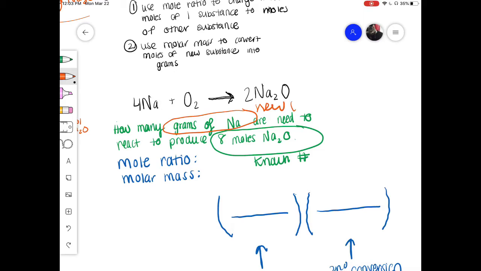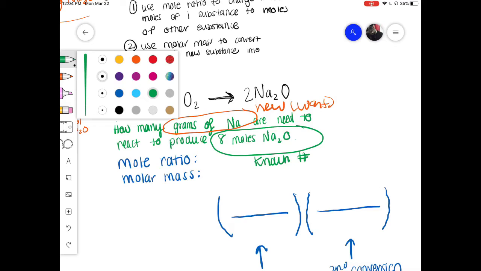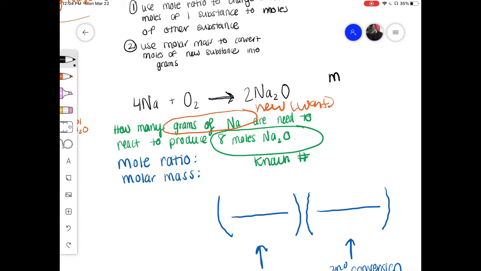So those are going to be our new units. That is what we want. We start with moles and we want to go into grams.